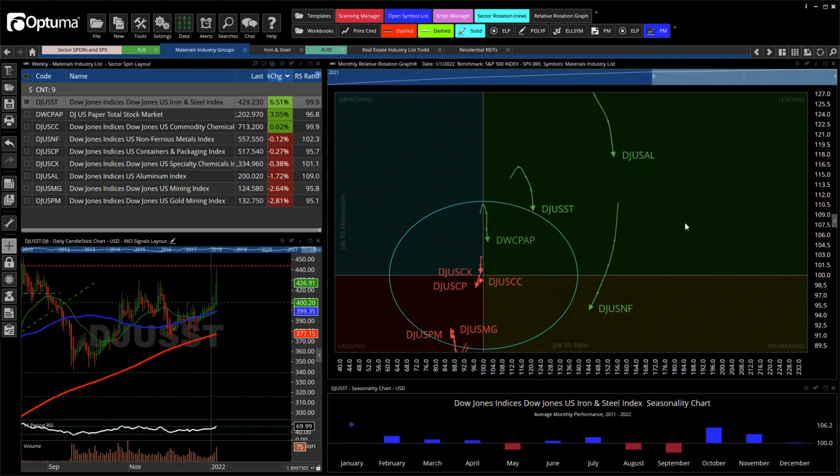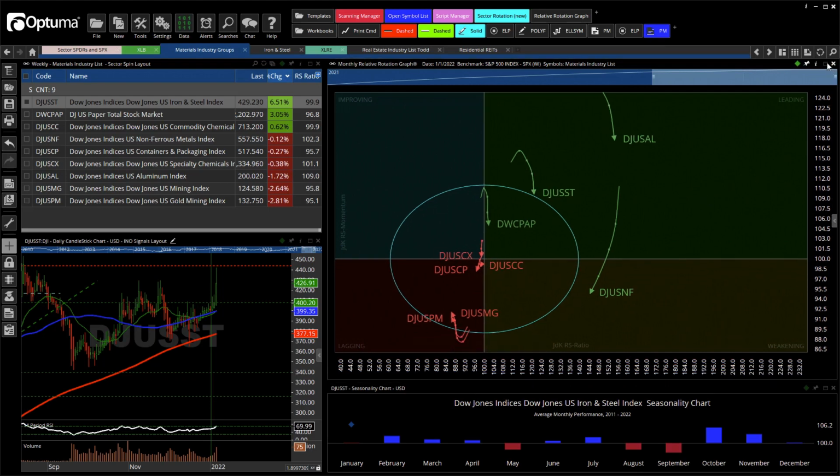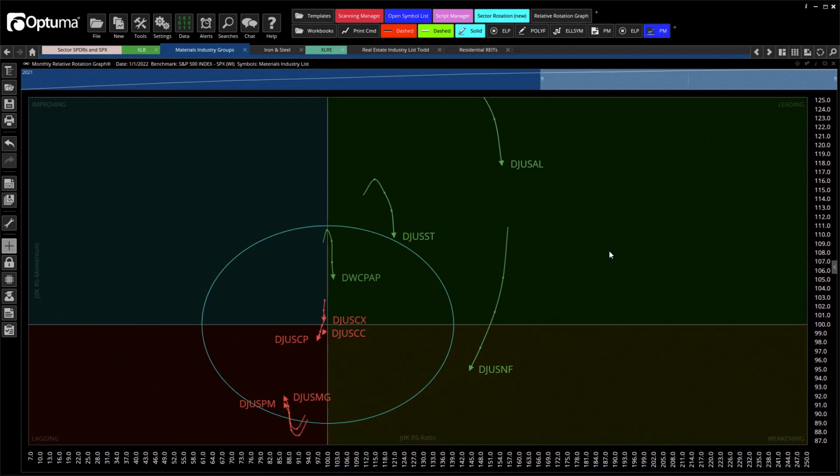Okay, and so these industry groups that are from the Dow Jones listings here can be plotted versus the benchmark S&P, which is what we have here on this RRG. So let me show you what's happening there.